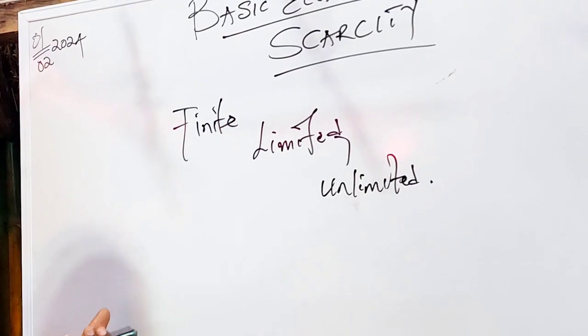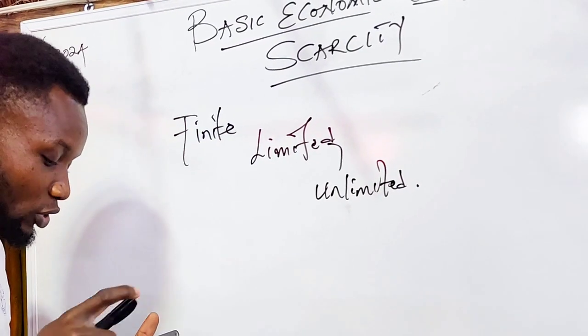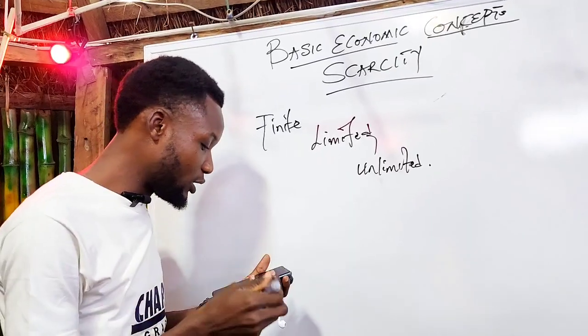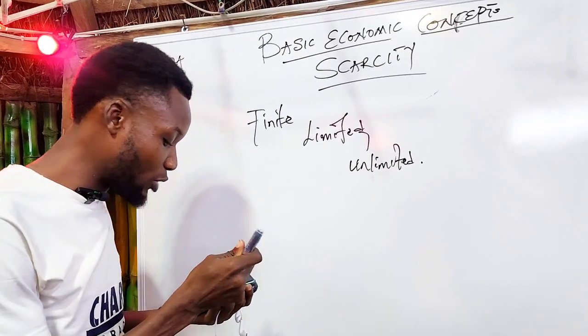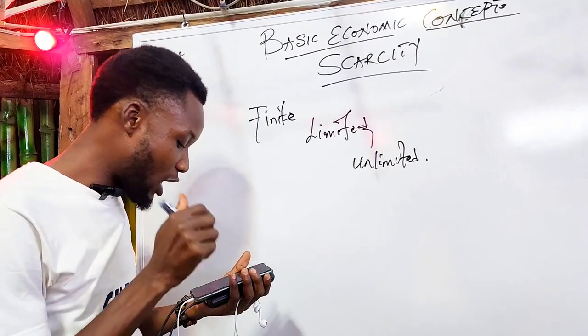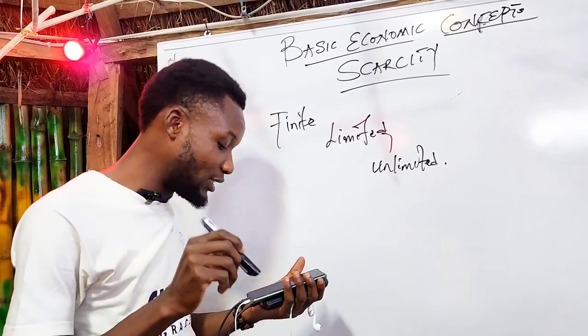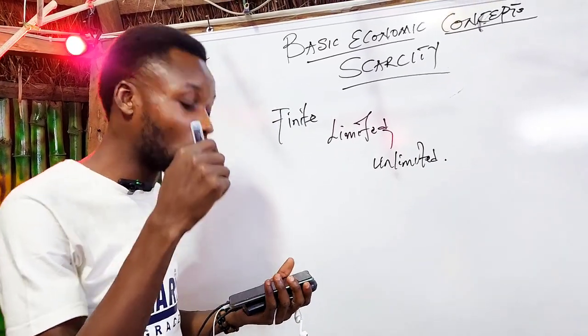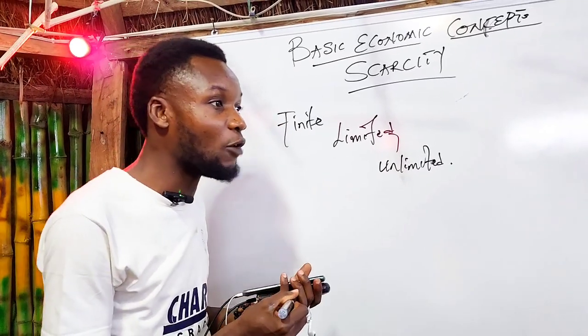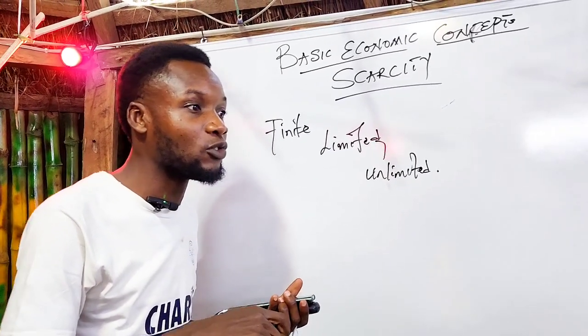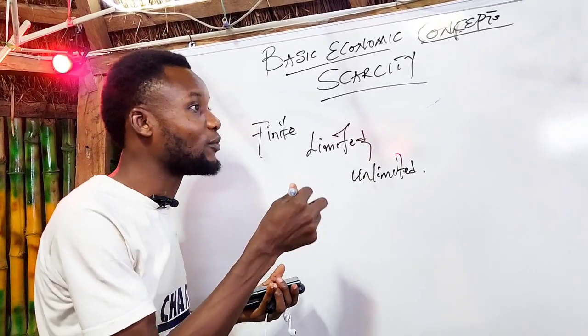So scarcity is one of the major concepts in economics, and one of the basic concepts of economics. And the concept of scarcity is central to understanding the necessity of decision making, because we understand that there is scarcity of resources and there is scarcity of goods and services.